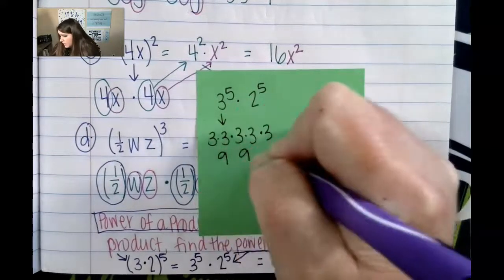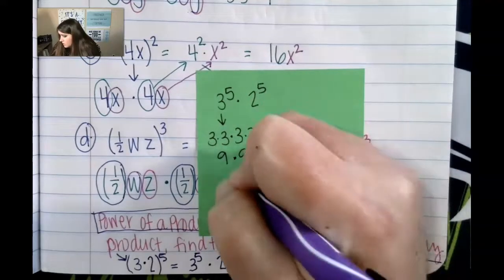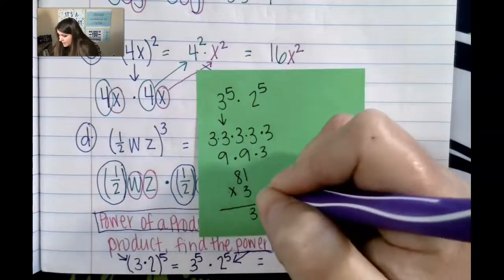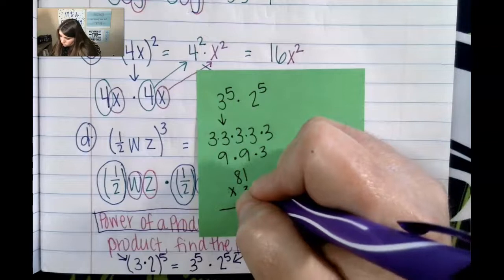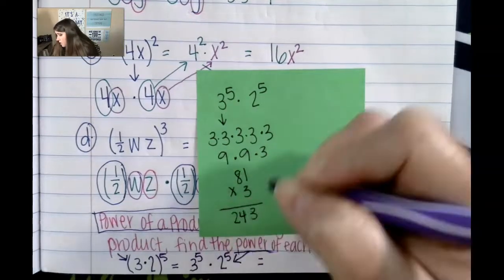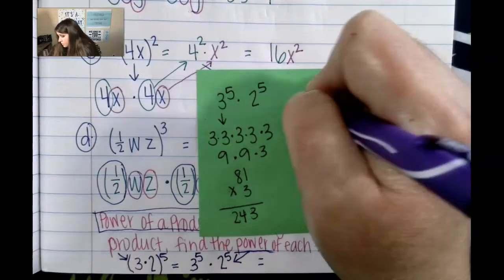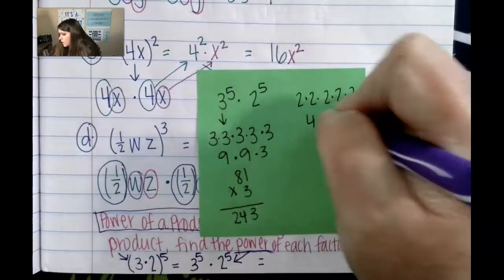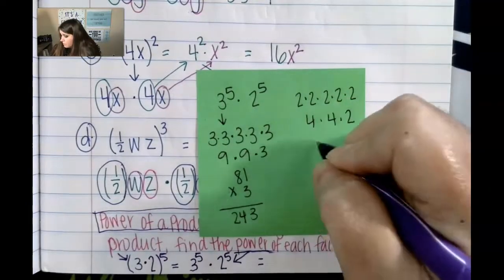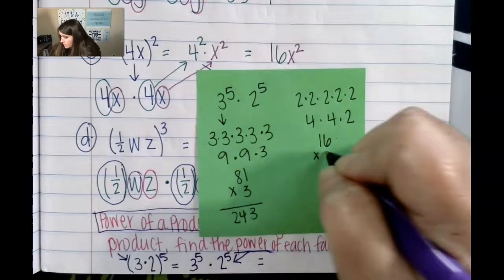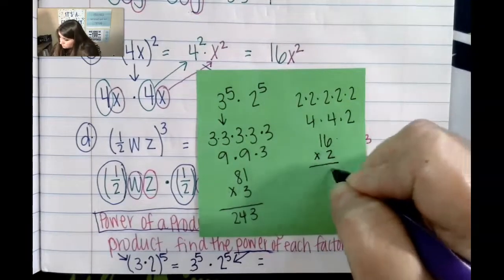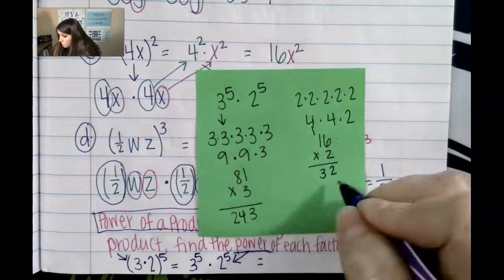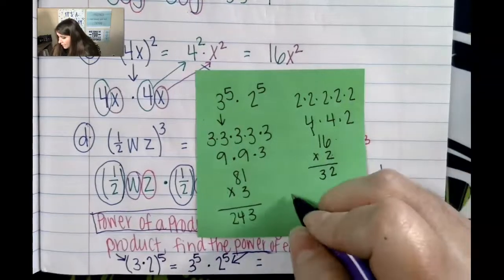So I have 9 times 9 times 3, which is 81 times 3, which gives us 243. And then here we have 2 times 2 times 2 times 2 times 2. So we have 4 times 4 times 2. And then we have 16 times 2, which is 32. And now you would multiply the two of those together.